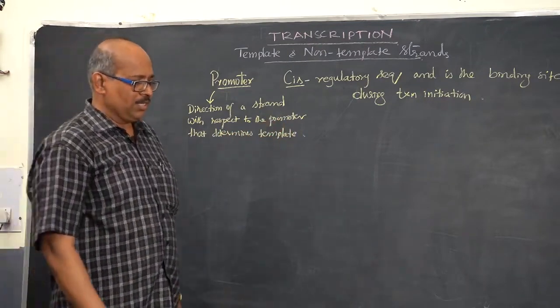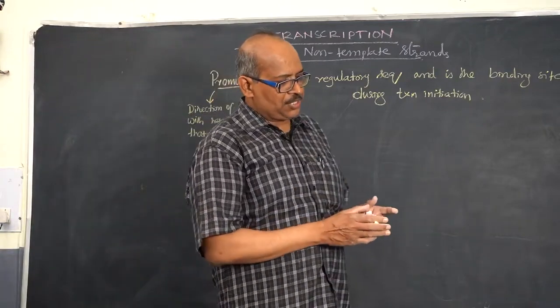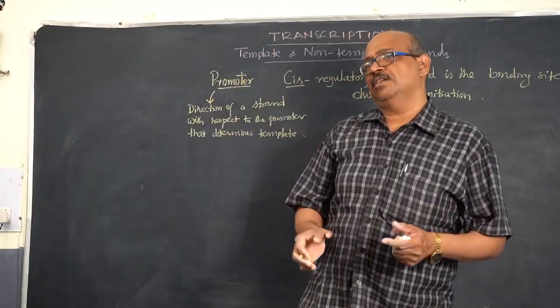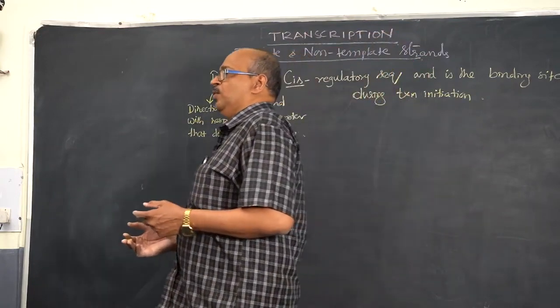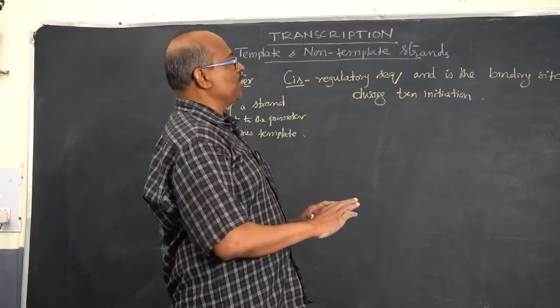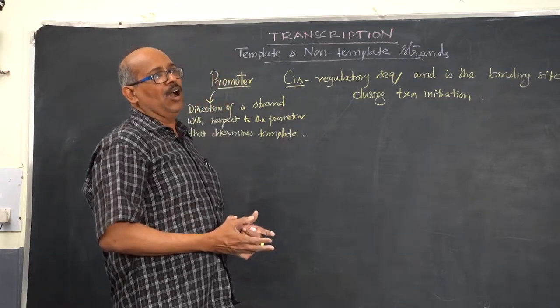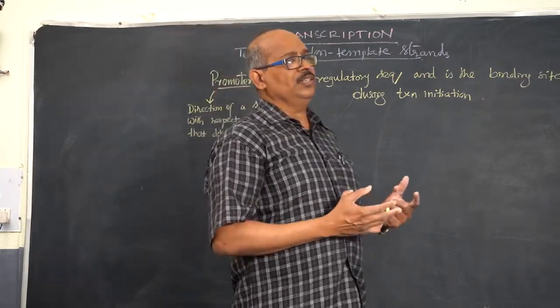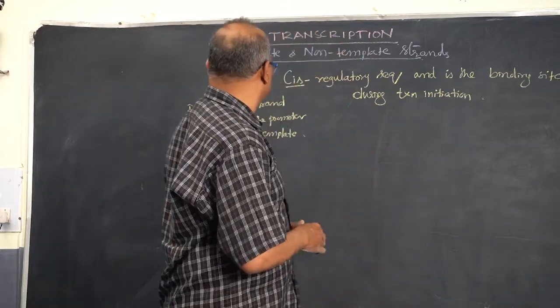So the rule is the orientation of a given DNA strand with respect to the promoter sequence decides whether this strand acts as a template strand or it acts as a non-template strand.